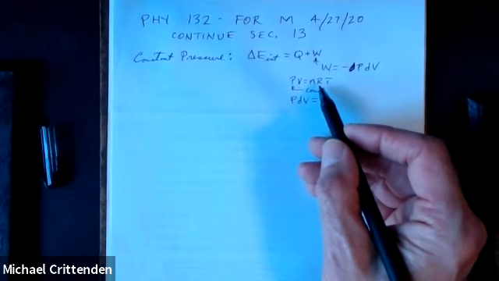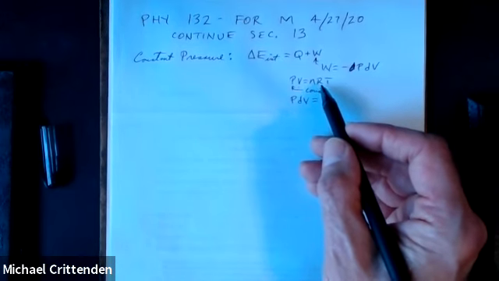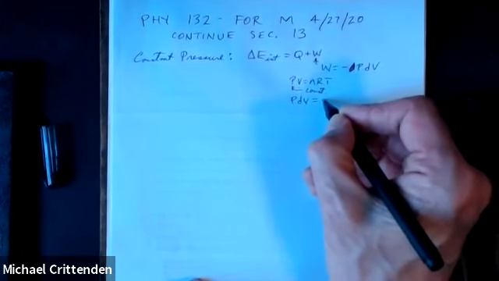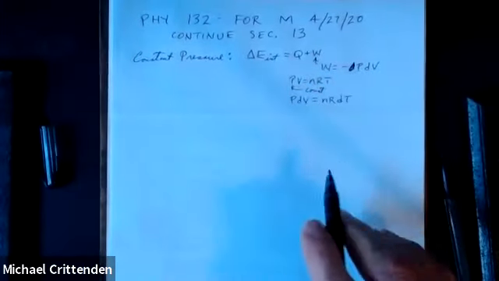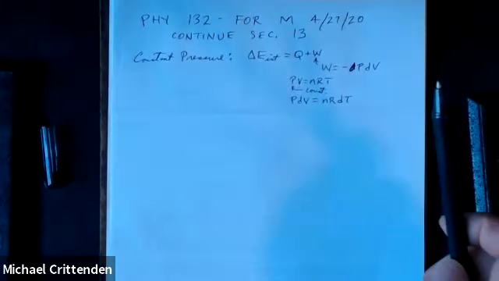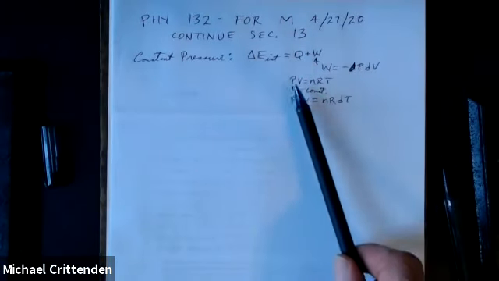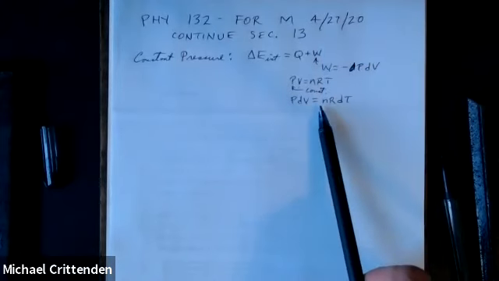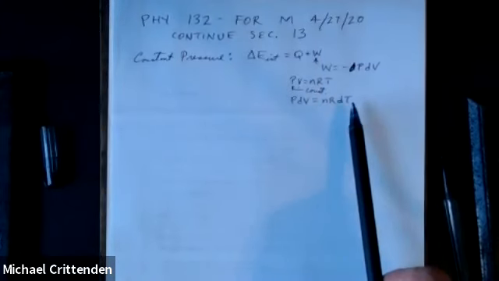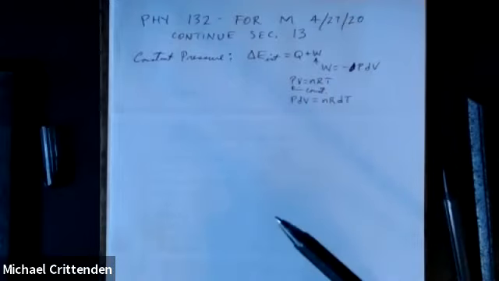Likewise, n and R are also constants, so they just sit there. And so in this case, when it's a constant pressure, the work done would be equal to minus nR times dT. So I've got that to put in there.